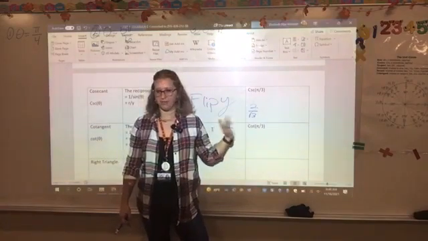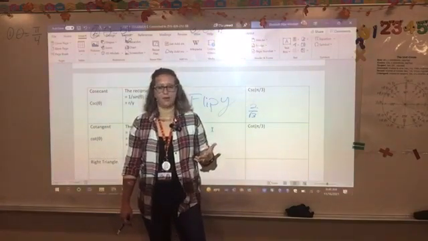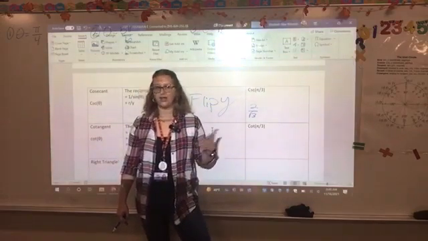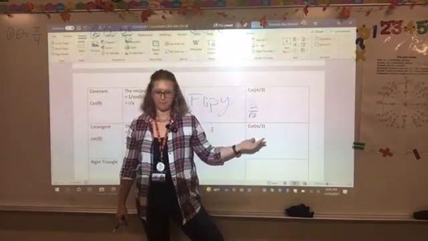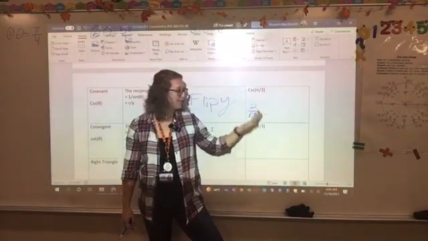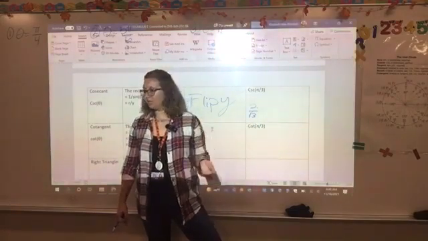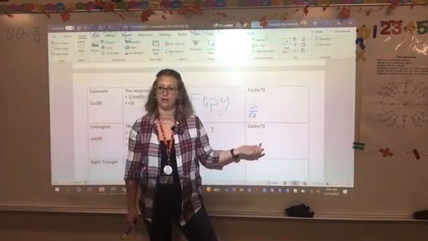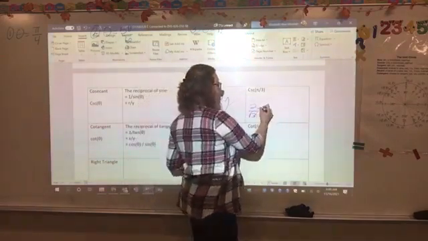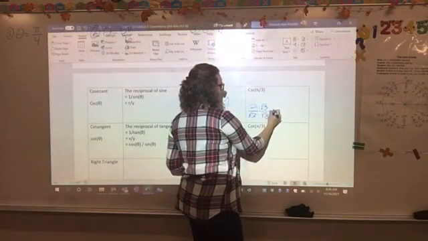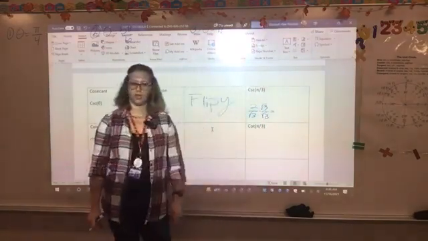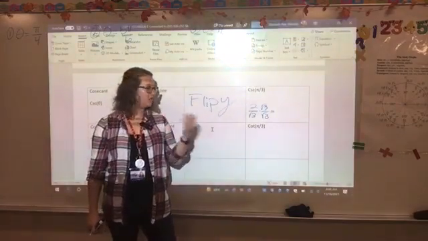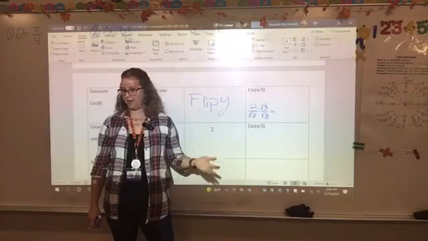What do we call that? What's the mathematical term to call that? Anybody remember? It's like a bonus question. Rationalizing. We're going to rationalize it. We're going to rationalize my fraction by multiplying the top and bottom by the radical that is in the denominator, to get it out of the denominator.